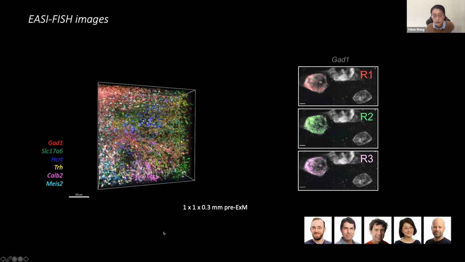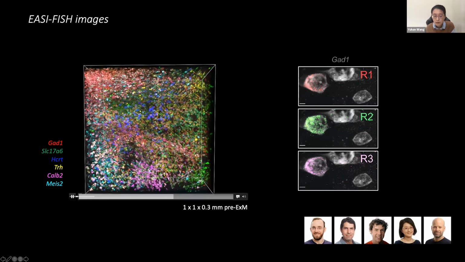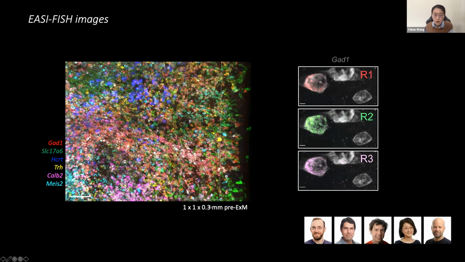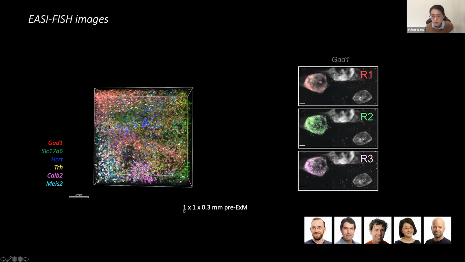So we were able to detect transcripts or gene expression in cells in thick tissue. To do this, we use combined expansion microscopy and a light sheet microscope. The images we get have a cytosol stain that we use for segmentation, and then the spots that we have to extract so that we can count how many transcripts are in each cell.